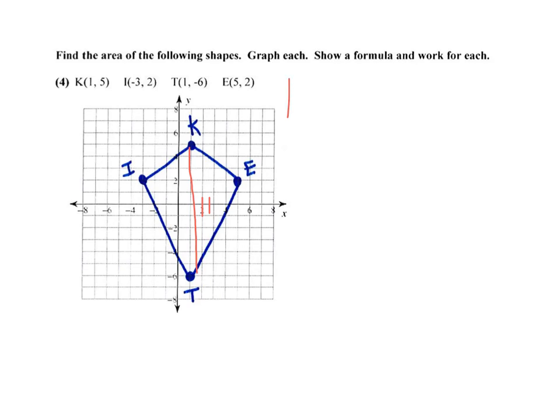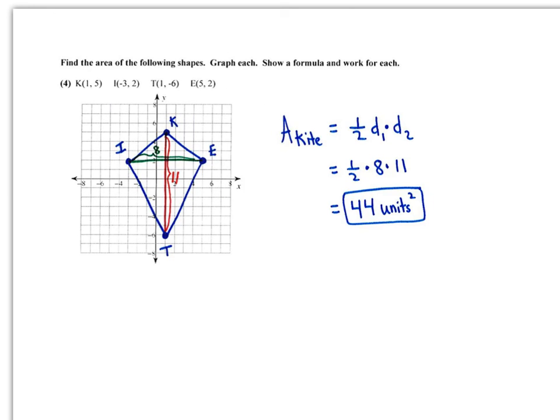The area of a kite formula is 1/2 diagonal 1 times diagonal 2. So we have easily found diagonal lengths 11, and if you count horizontally, 8. Go ahead and plug in those numbers, pause your video, and then when you're done, unpause. And our answer is 44 square units.